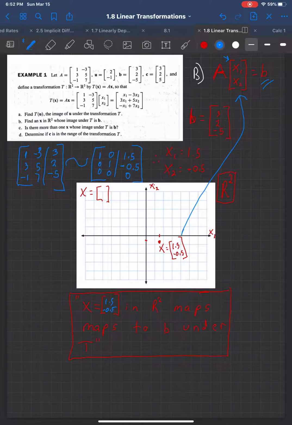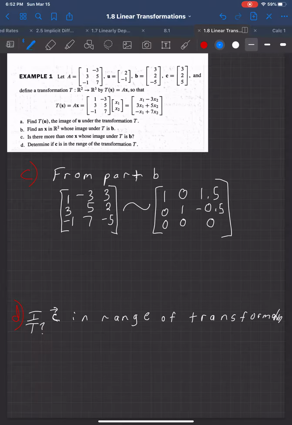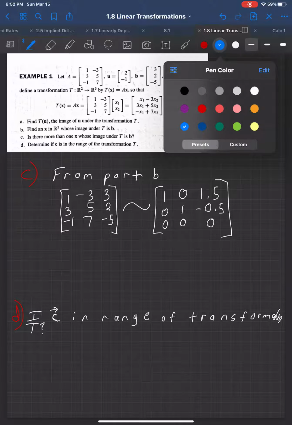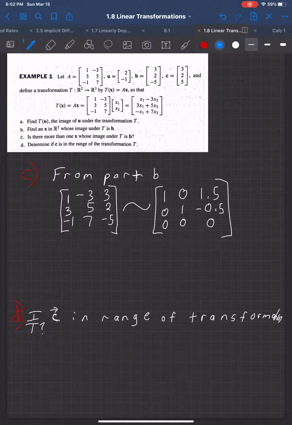All right, let's go to part C. Now what's interesting is that part C and part B, you don't really have to roll your sleeves up much. These are actually very important questions, more important, I would argue, because it gets to the essence of this subject.